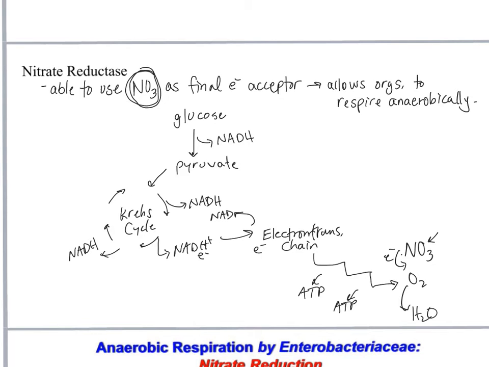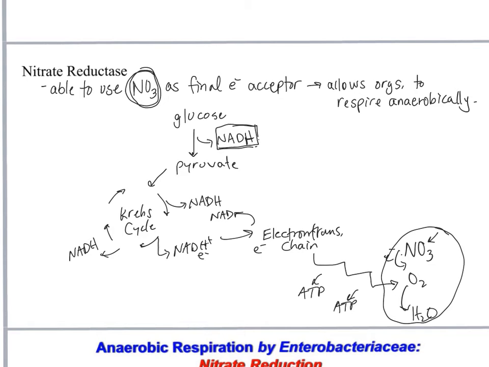Now, if there's no suitable electron acceptor available, then the cell doesn't have any choice but to use some kind of organic electron acceptor, something in the cell already, typically, because it has to have some way to recycle the NADs just to keep glycolysis moving.